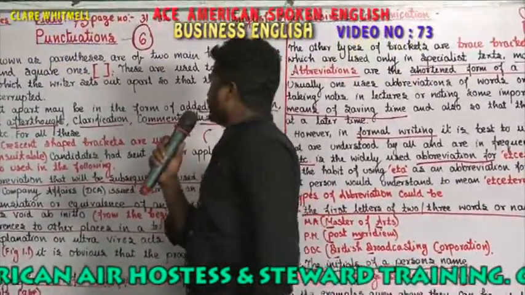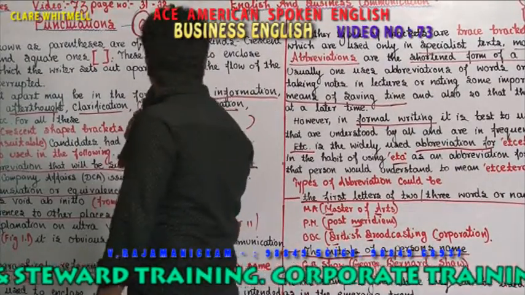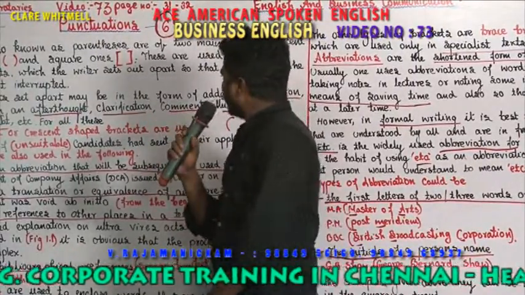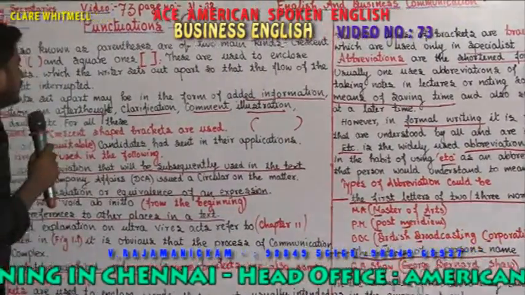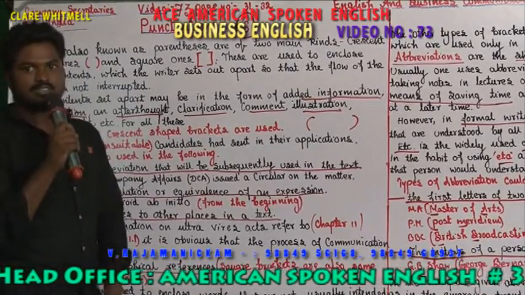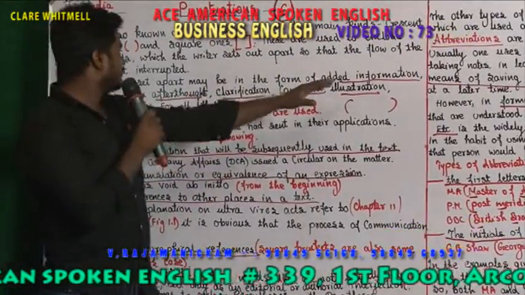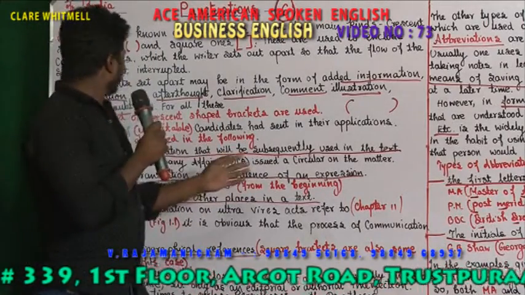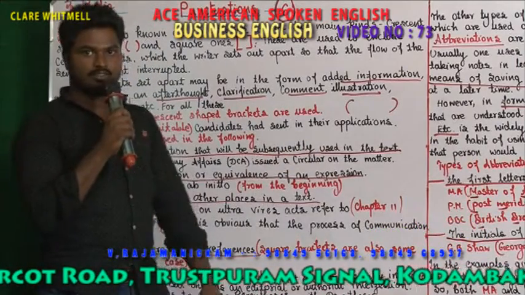Today going to punctuations. Two types of brackets, one crescent shaped brackets and square shaped brackets. First you see the crescent shaped brackets. When you say some sentence, and after that you put in added information or afterthought, clarifications or comment, and something at the sentence ending, you put it in brackets.